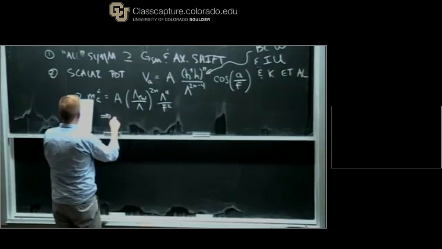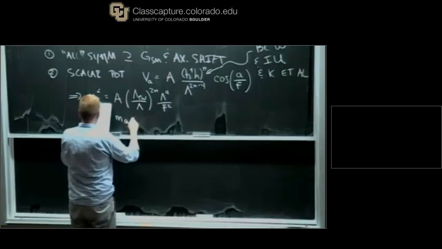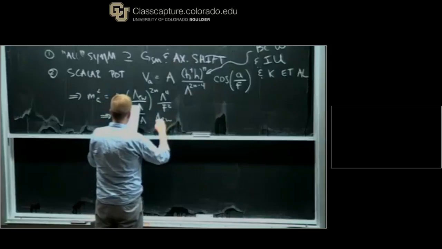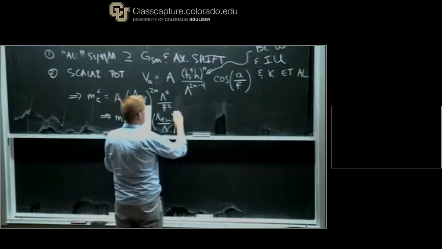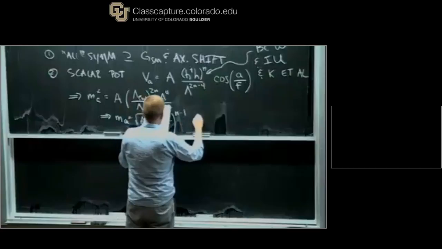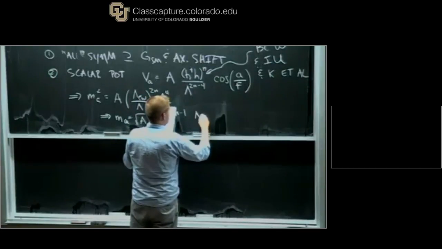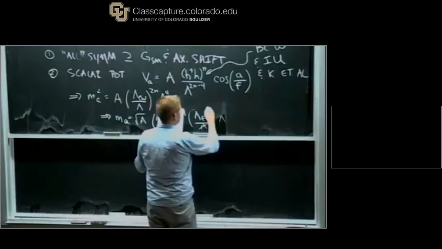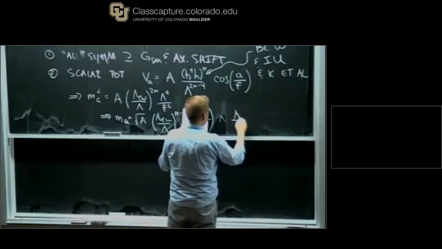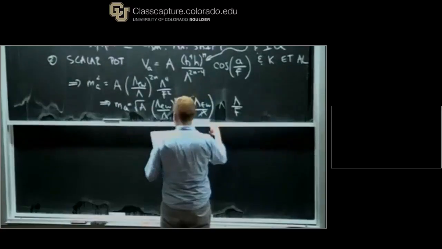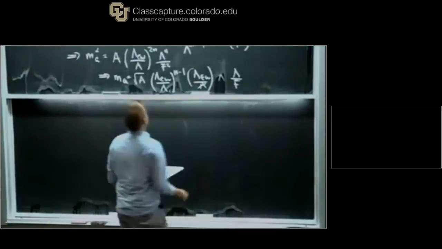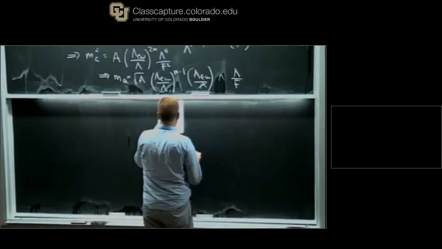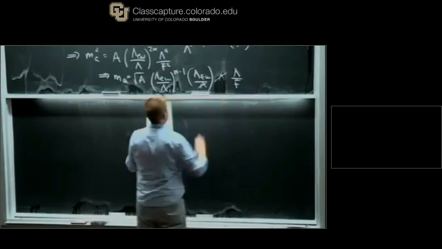And therefore, m_a is going to be root A lambda electroweak over lambda, writing it in a good way, that will be, in my opinion, illuminating. But then there's an overall lambda here, which is going to cancel, lambda over f. Yeah, that cancels against that.